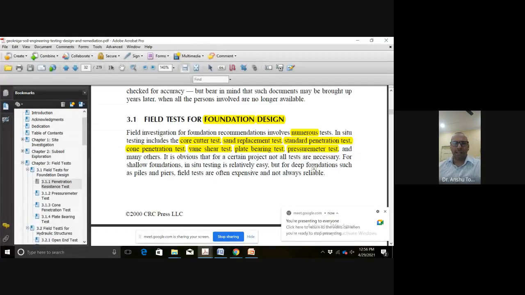These are related to the in situ conditions of the soil. Whatever the existing parameters, such as compressive strength or the bearing capacity of the soil, that can only be found out on the site. It cannot be found out in the laboratory.